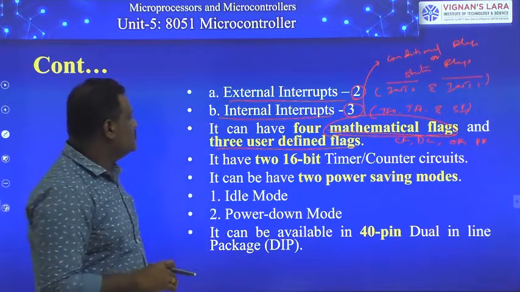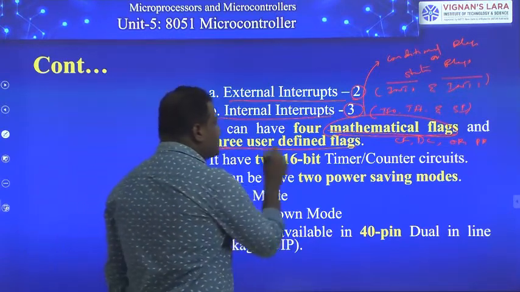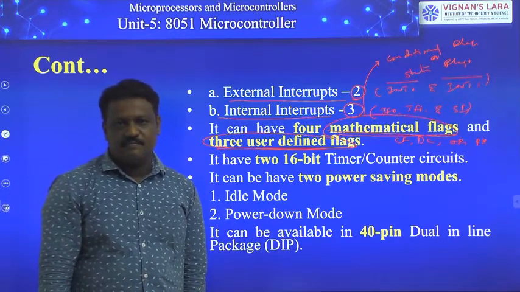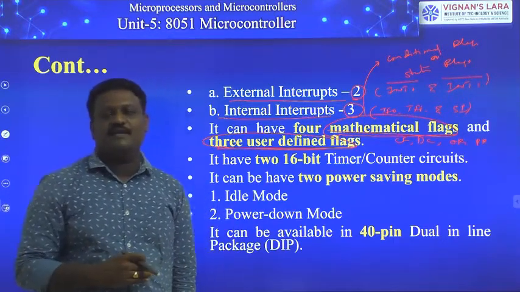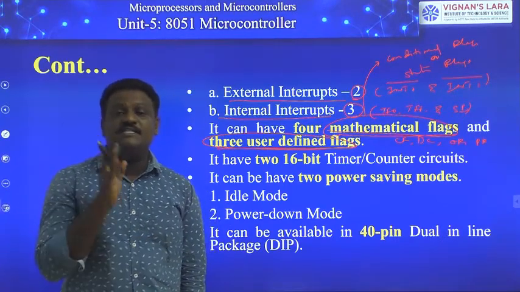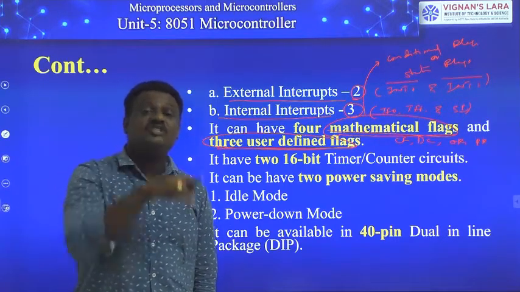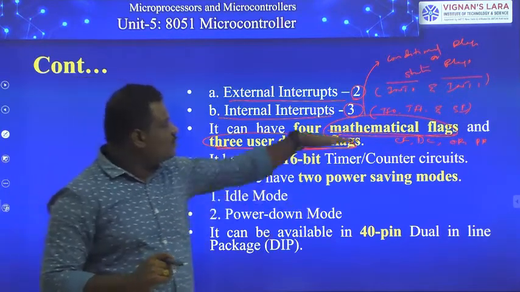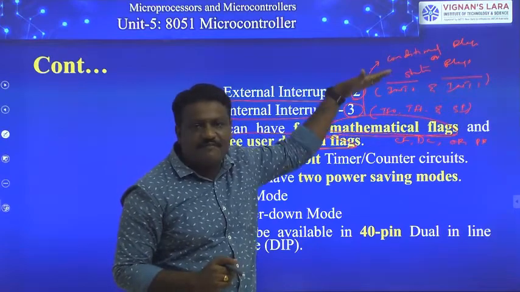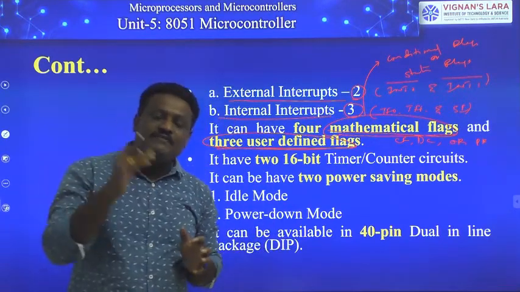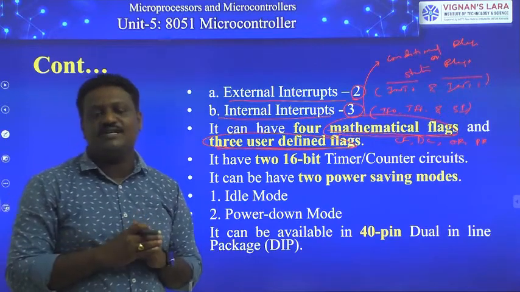And coming to the next, it has 3 user defined flags. What is the meaning of user defined? The set and reset conditions of these flags are defined by the user. But coming to the mathematical flags or conditional flags or status flags, their set and reset conditions are defined by the manufacturer.